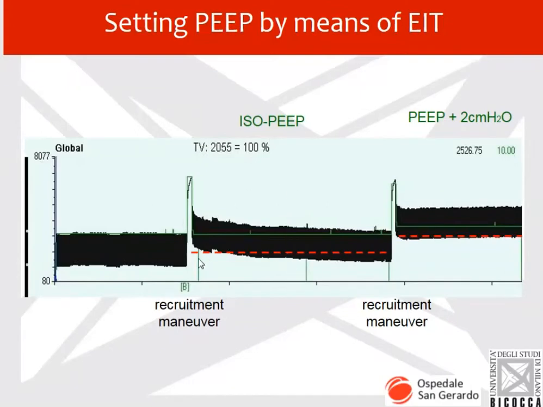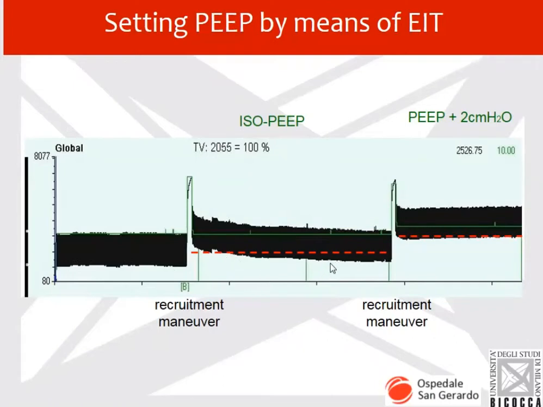But this graph tells us that the level of PEEP we had set was not enough to maintain recruitment, because as you see, this time, sorry for the scale missing, is 10 minutes. So you see that by 10 minutes we lost all the recruitment we had achieved.